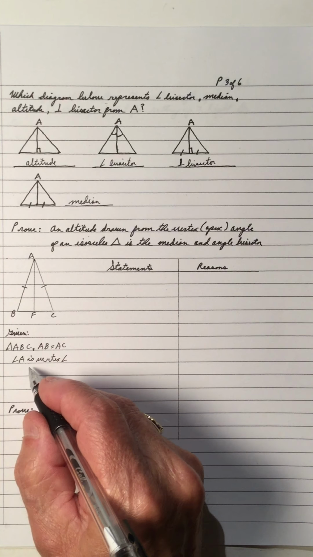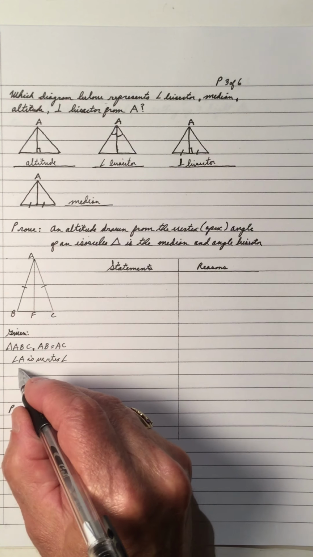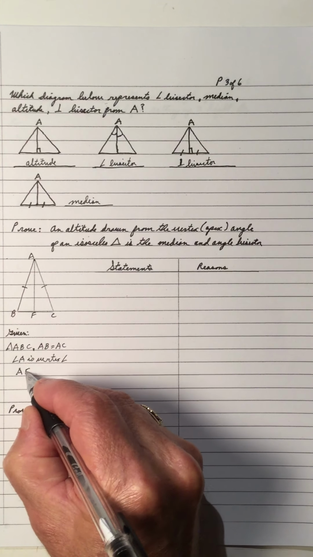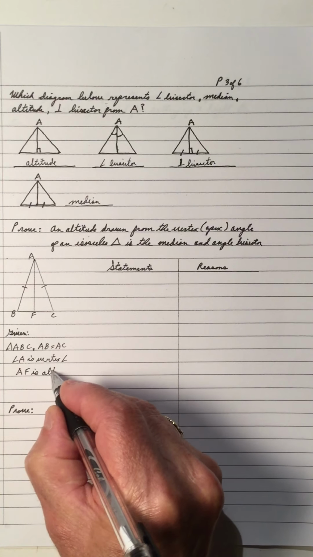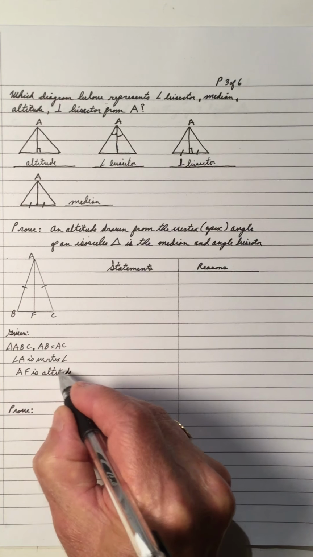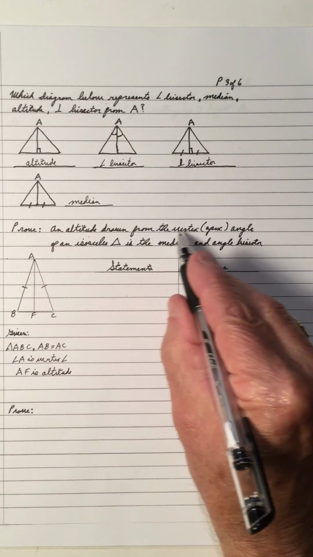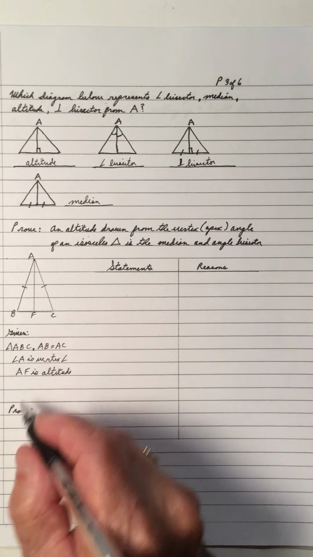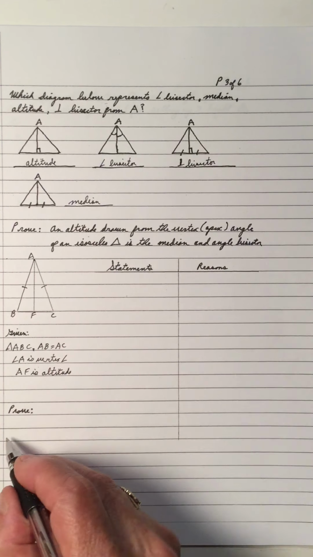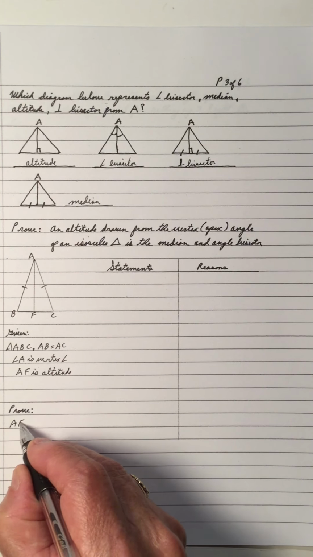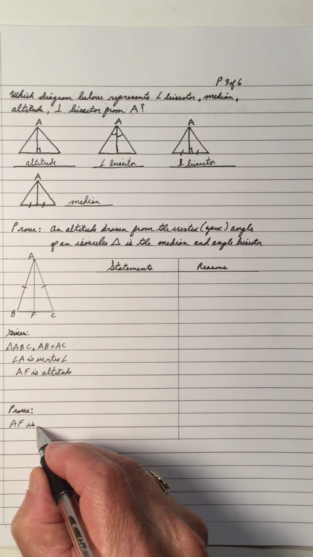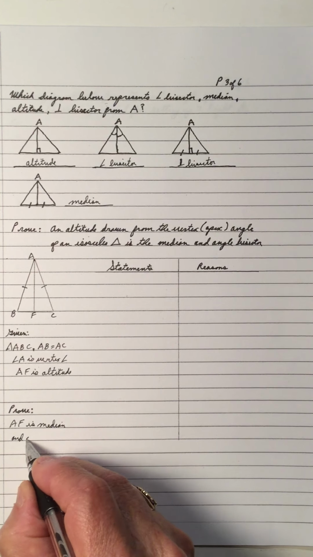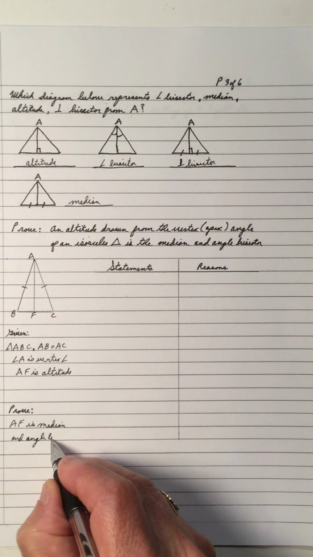So we have to prove that, we're also given that AF is an altitude. We're saying an altitude is drawn from the apex angle. So AF is this altitude. And we have to prove that the altitude is the median. So we have to prove that AF is a median and an angle bisector.